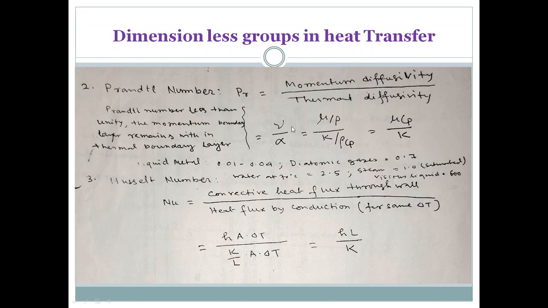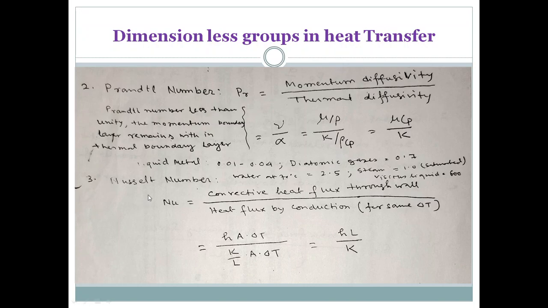You have already studied that if the Prandtl number is less than unity, that means momentum diffusivity is lower than thermal diffusivity. Then the momentum boundary layer remains within the thermal boundary layer. You have already studied that in your heat transfer course.